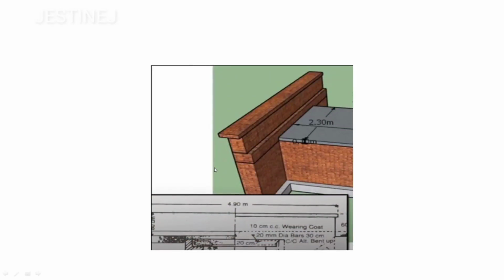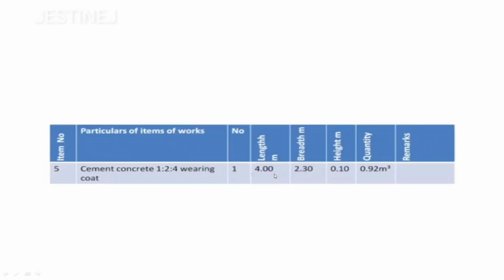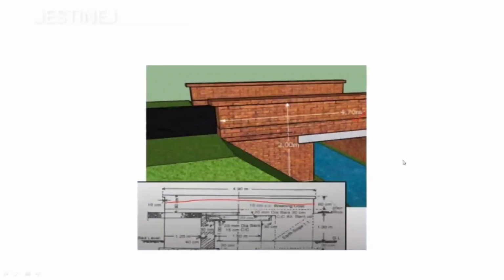If you observe clearly, this 10 centimeter bearing coat is provided here, and this value is going to be 2.3 meter, and the thickness is going to be 0.1, and the total length of this rod is given in the question, it is 4 meter. So you can directly take this 4 meter, then breadth is going to be 2.3 meter, then 0.1, you will get this 0.92 meter cube.